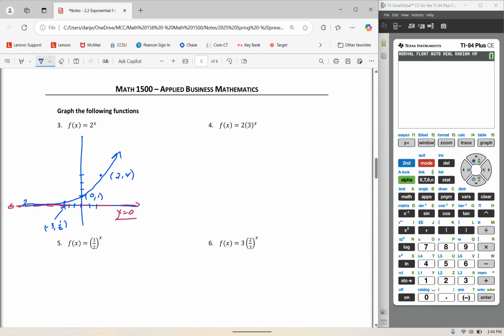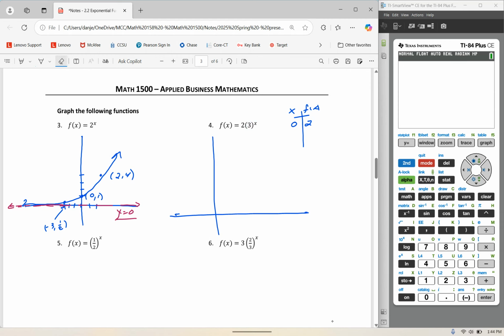Okay. So number 4, if x is 0, I'm going to make a little table of values here. If x is 0, we have 2 times 3 to the 0. 3 to the 0 we said is 1, times 2 would be 2. Let me fix my table. X, f of x, we said if x is 0, y is 2.